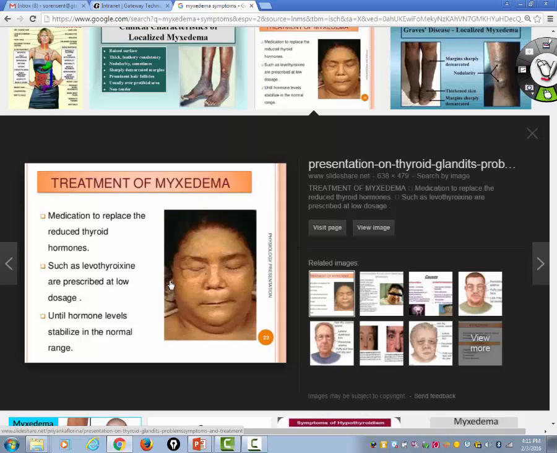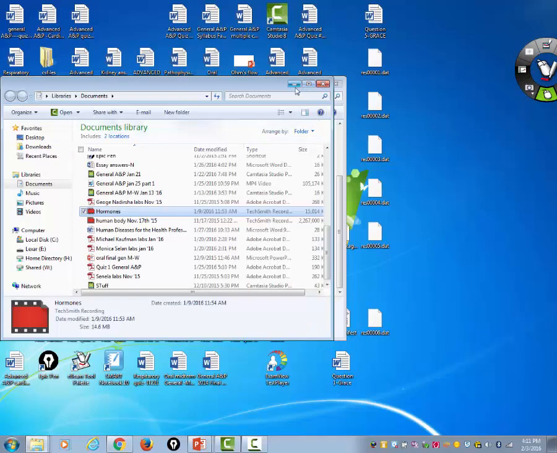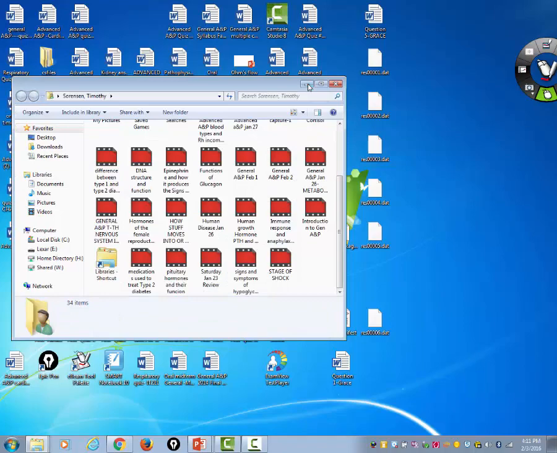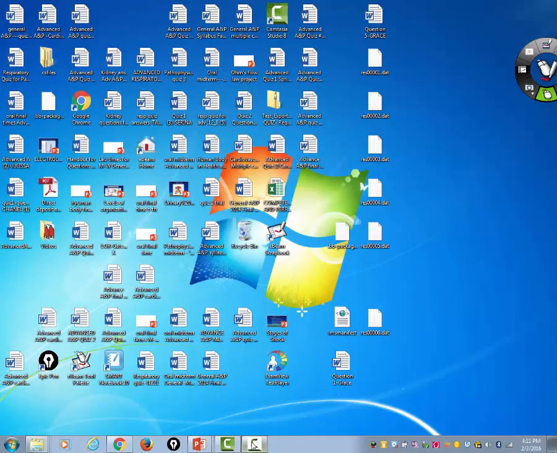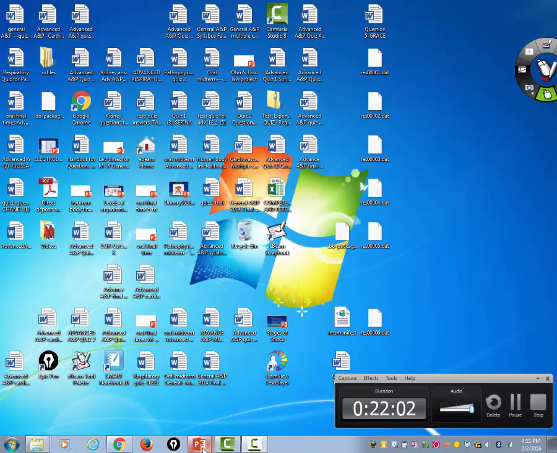And this puffiness is all over the place, and they'll even develop ascites, and a lot of that has to do with shifts in fluid due to you're not making albumin. So if you're not making the protein albumin, it's going to cause water shifts, fluid shifts.